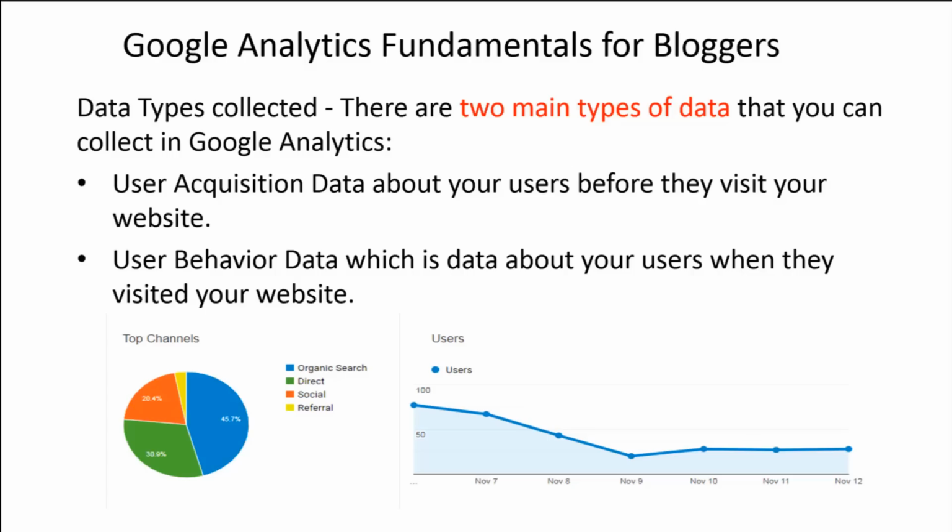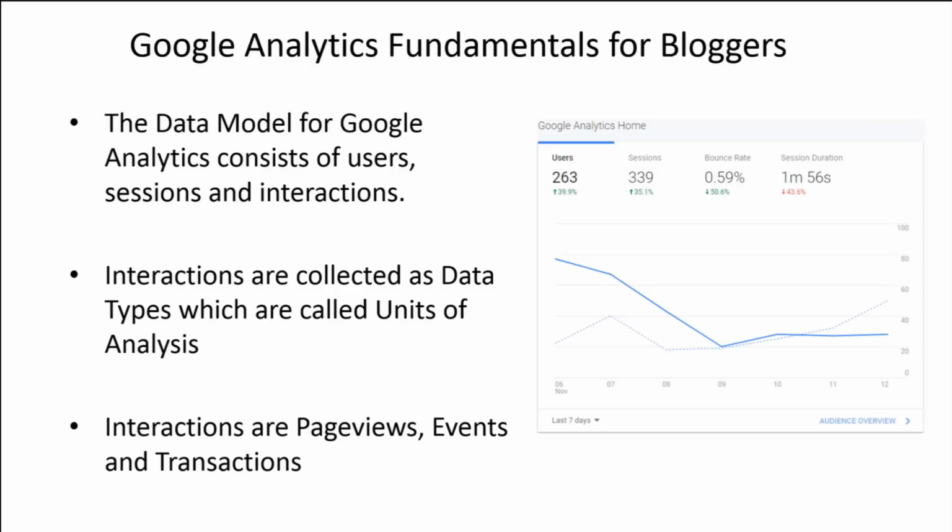Now, when it comes to other types of data, we want to think about the data being collected with Google Analytics as mainly between acquisition and behavior data. However, we could also break it down into conversions, and we'll talk about conversions coming up.